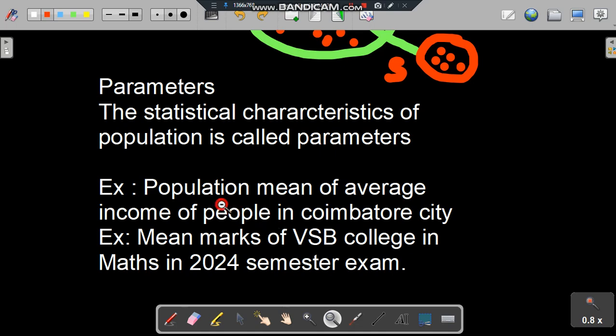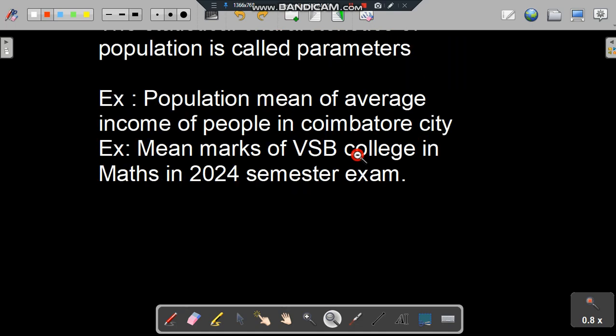Another example is the mean marks of all the students in VSB College in maths during the 2024 semester examination. The statistical characteristics of a population are called parameters.